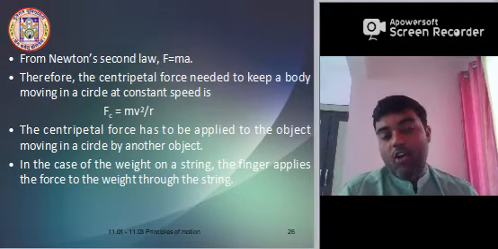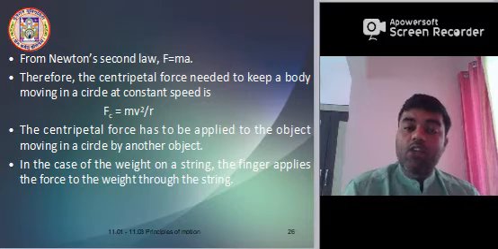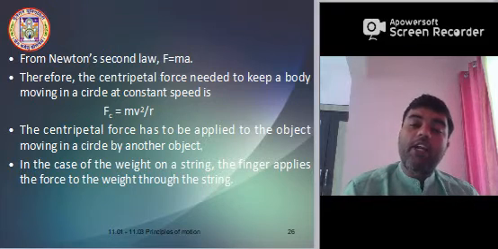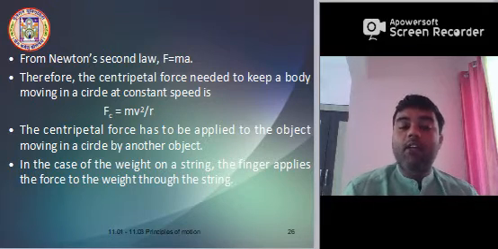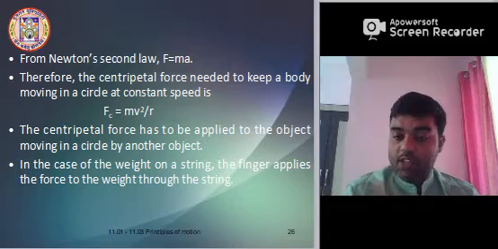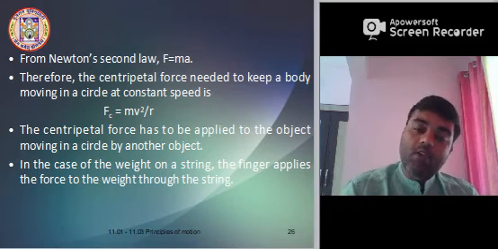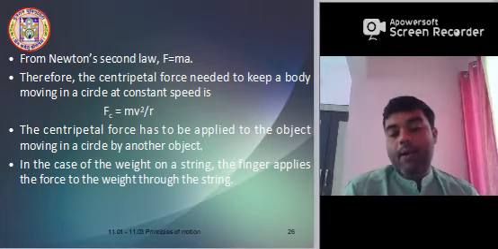From Newton's second law, F is equal to ma. Therefore the centripetal force needed to keep a body moving in a circle at constant speed is Fc is equal to mv square upon r.